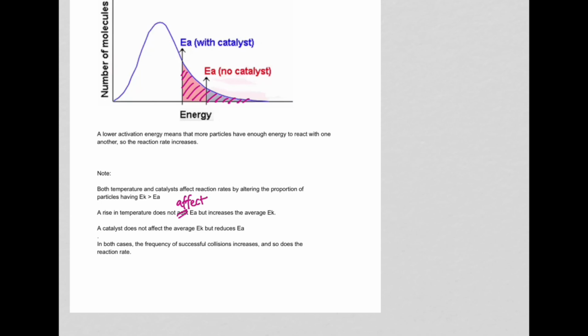A catalyst will not affect the average kinetic energy, but it will reduce activation energy. So both of them will have the same effect, but temperature impacts average kinetic energy, catalyst impacts activation energy. In both cases, the frequency of successful collisions increases, therefore rate of reaction increases.